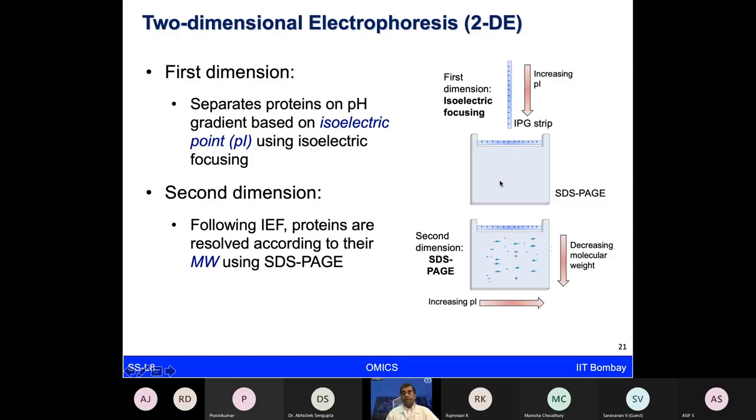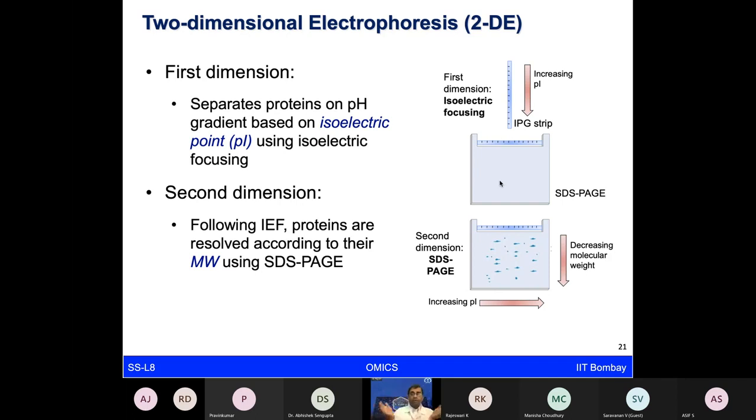For doing that, we take a very narrow plastic strip on which acrylamide is coated, and it contains the pH buffer. This is known as the IPG, immobilized pH gradient strip, in which you put your protein and leave it overnight so that all the proteins get immobilized, a process known as rehydration.